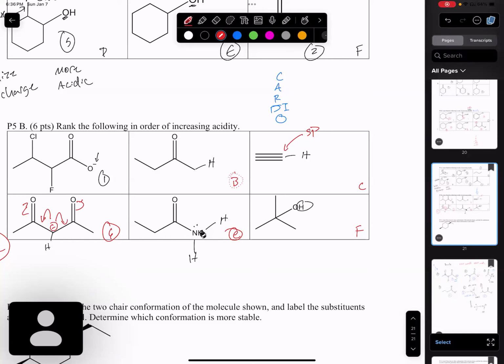How about E? No, we're comparing C and F. Is it C? Does anybody agree?